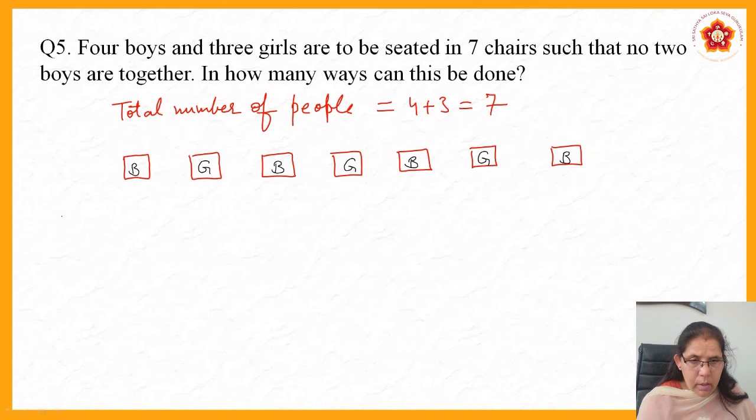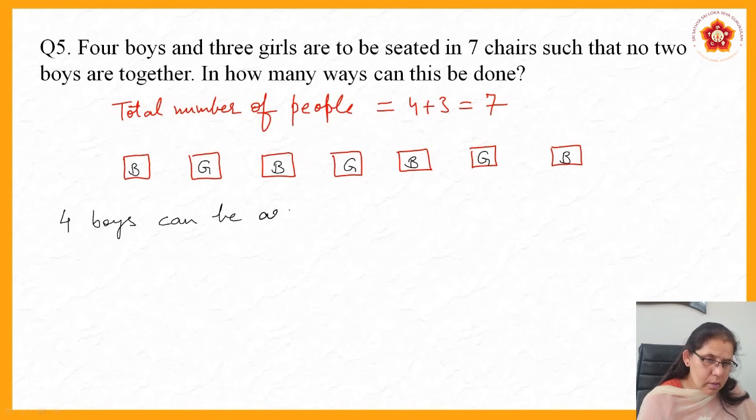So first let's write: in how many ways can the 4 boys be arranged?